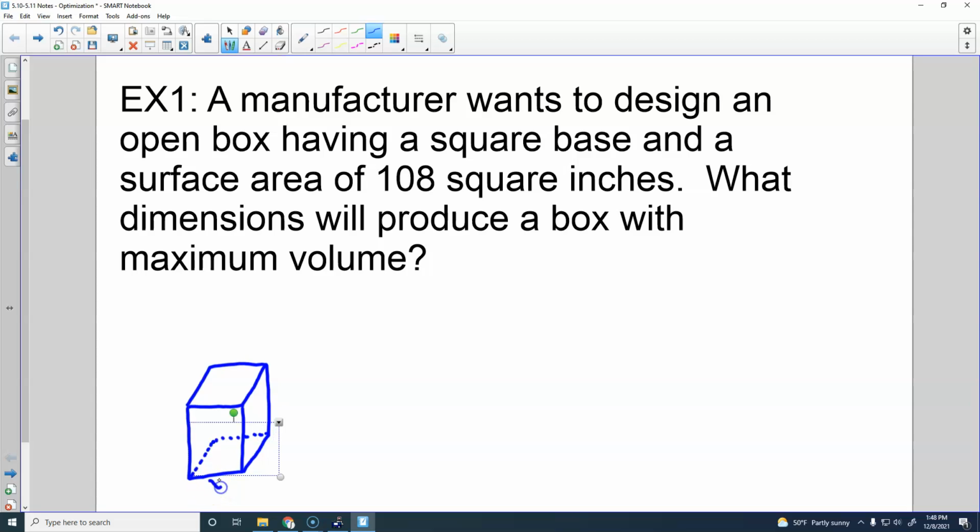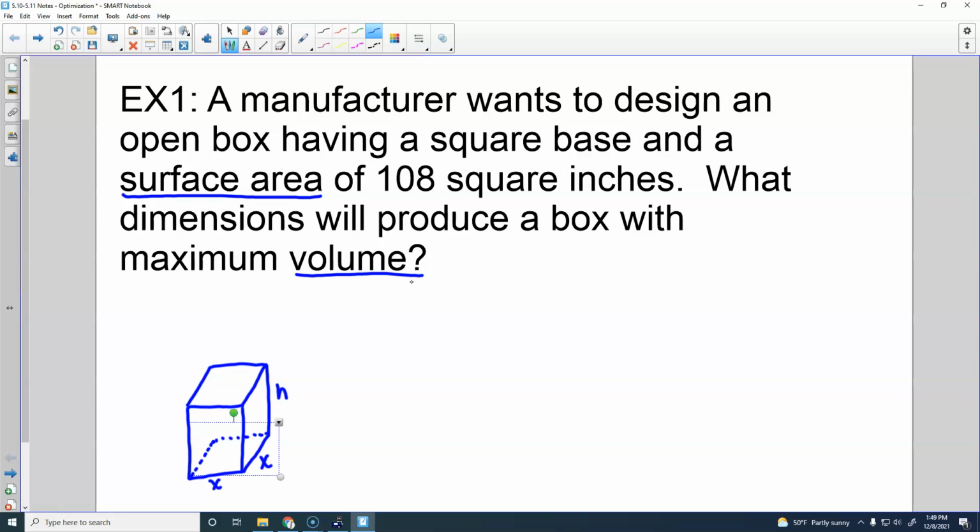So we would know maybe like this side right here is x, this side right here is x, and I'm going to call this right here my height. Alright, so we have two things about this box that we can talk about. We can talk about the surface area, and we can talk about its volume.